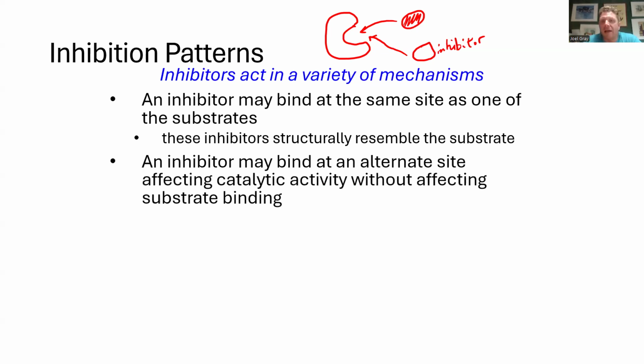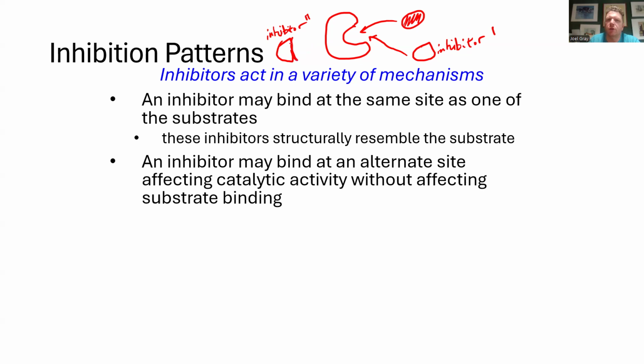An inhibitor may bind at an alternative site, affecting catalytic activity without affecting substrate binding. Here's another model for an inhibitor. I'm going to call this inhibitor 1, inhibitor 2.